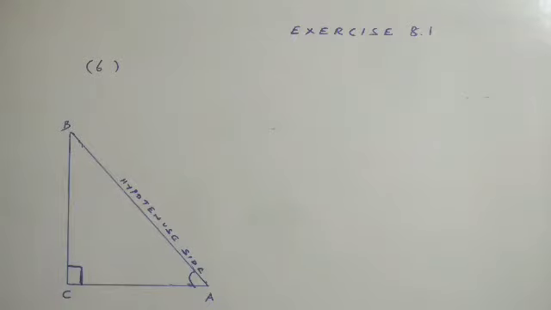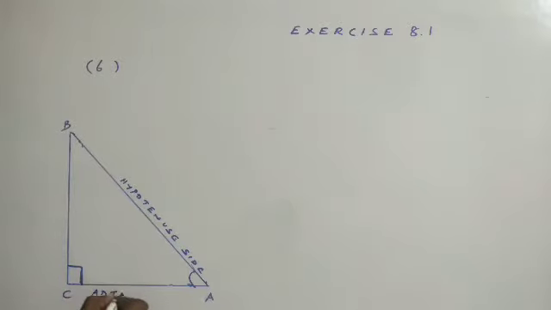Before solving this sum, just watch this diagram. Here ABC is a right angle triangle, right angled at C. Already I told the side which is between angle and right angle is called adjacent side.